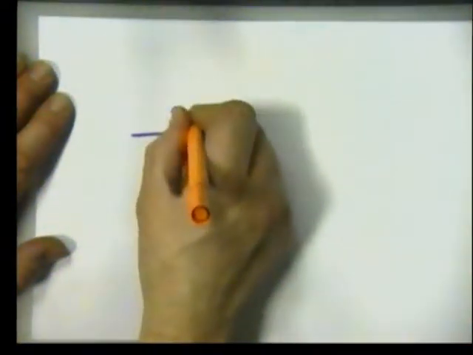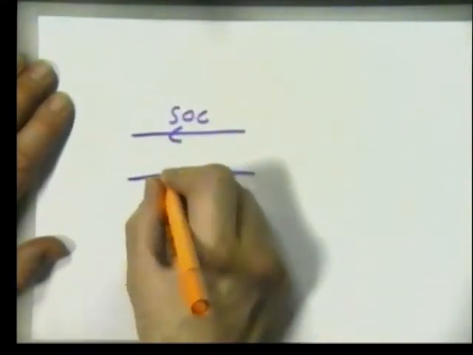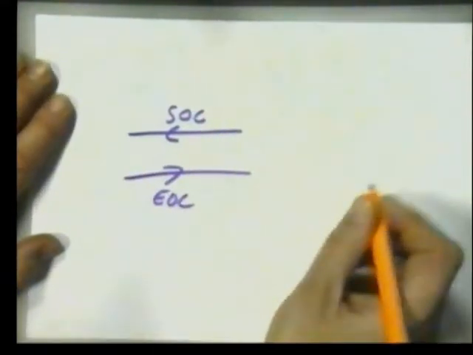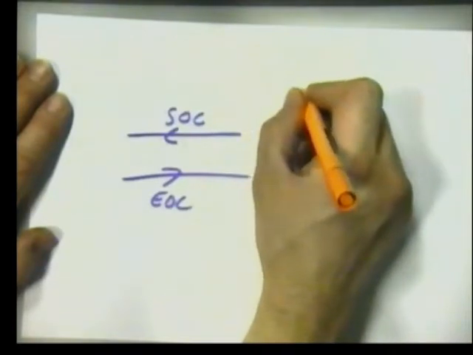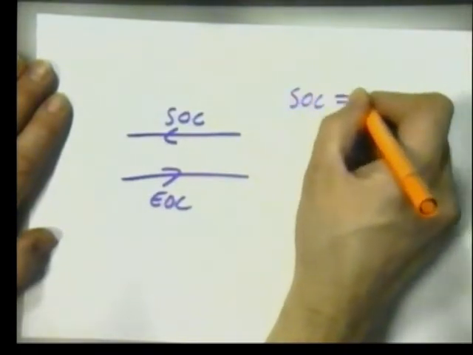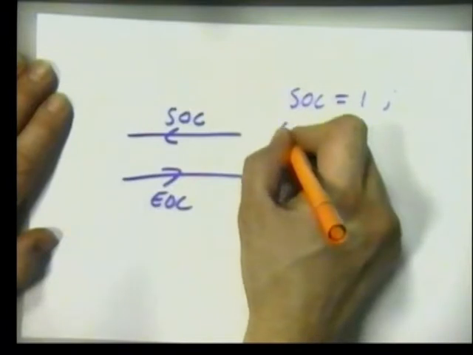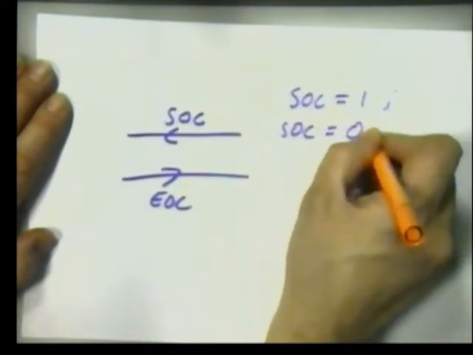That's what I've described as a polling mechanism, whereby start of conversion goes out, end of conversion comes back. What's the program do? Practically the program is saying SOC equals 1, SOC equals 0.